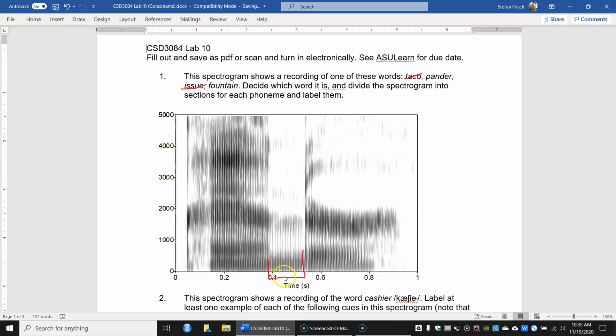We have a formant frequency that abruptly disappears in the area of the first formant, something that looks almost like near silence here, but with a strong voice bar going all the way through it, and a little bit of evidence of some other lower amplitude formants. In the case of both pander and fountain, that is an N phoneme, so I can go ahead and say, yeah, that's my N.